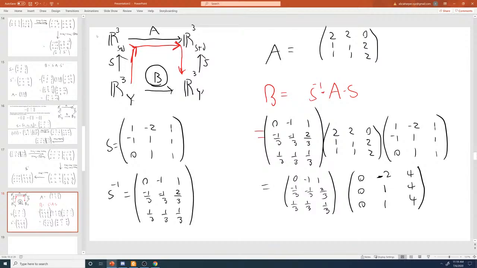Now if I multiply this with this, let's see what happens. I'm going to get 0, 0, 0 here, 0 here, 0 here, here I'm going to get 2/3 plus 2/3 plus -1/3, so I'm just going to get 1. And then down here, I'm going to get 0.